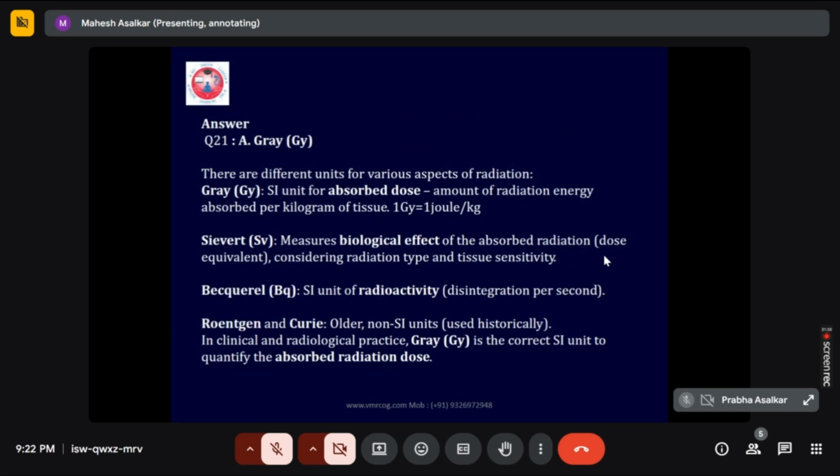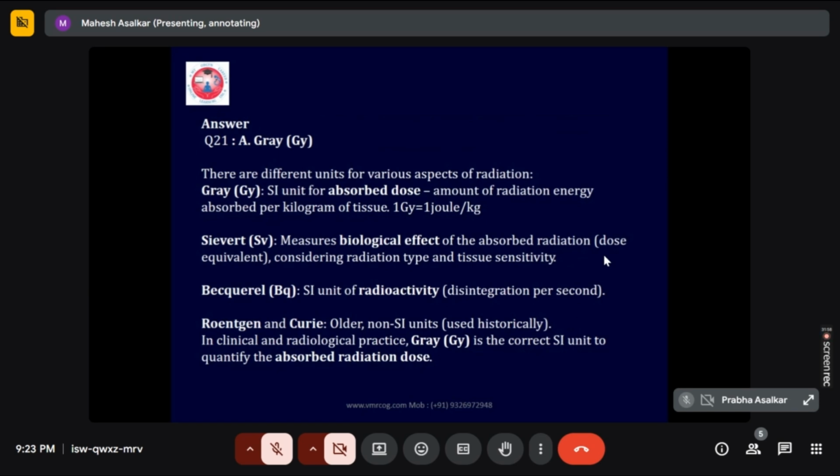Third is the Becquerel, Bq, the SI unit of radioactivity, that is disintegrations per second. Roentgen and Curie are older non-SI units, used historically. In clinical and radiological practice, gray is the correct SI unit to quantify the absorbed radiation dose.